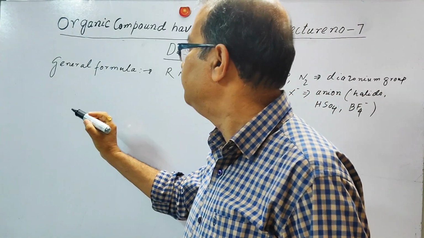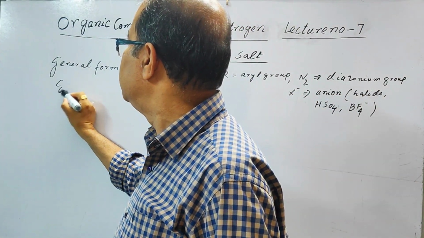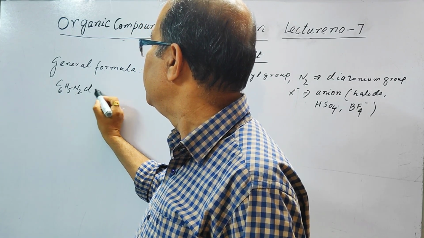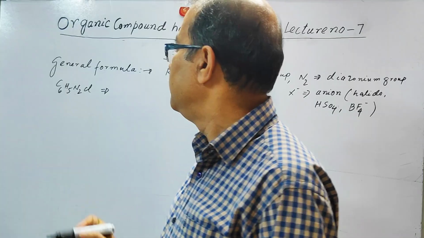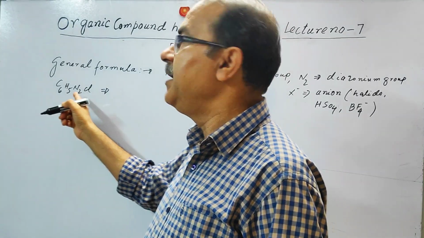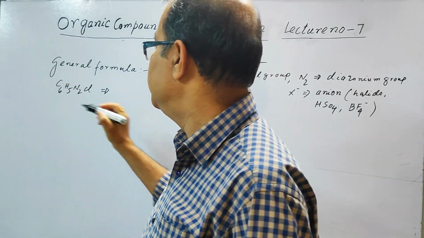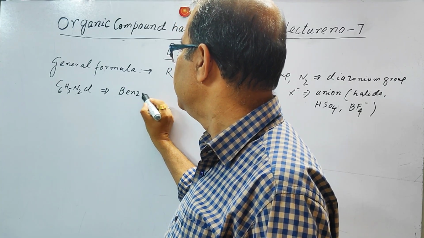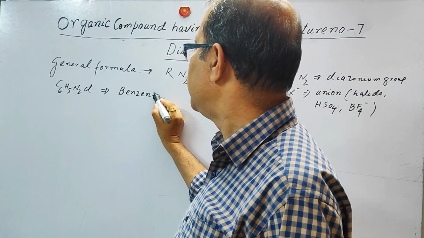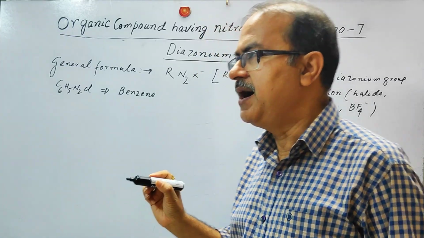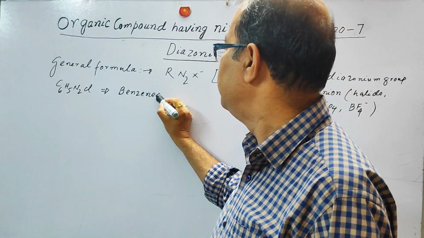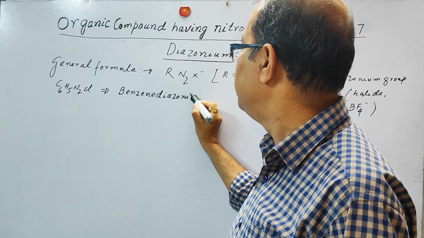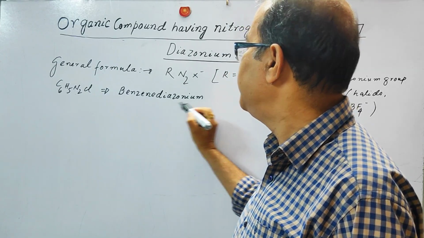As for example, C6H5N2Cl. Here the name of the hydrocarbon is benzene, so we write benzene, suffixed by diazonium, and followed by the anion.